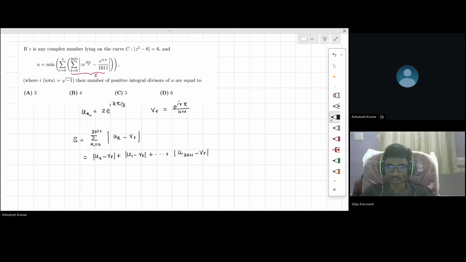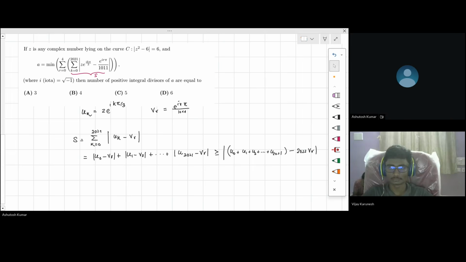So I can write this as greater than u0 plus u1 plus u2 plus dot dot dot till u2021 in one group, and minus I will write all the vr's in one group, correct? So how many such vr's do you write? 2022. Very good.